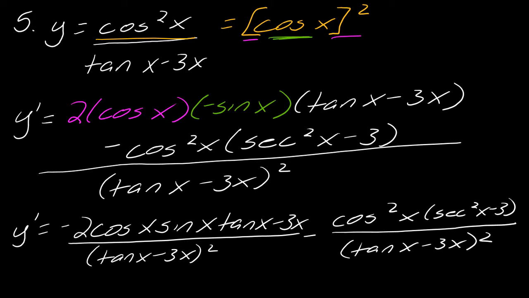Okay, so now you can see, oops, I probably should have put some parentheses around this. So now you can see I can cancel out this with 1 power of this tangent x minus 3x. So that's maybe the only other simplification you could really do.